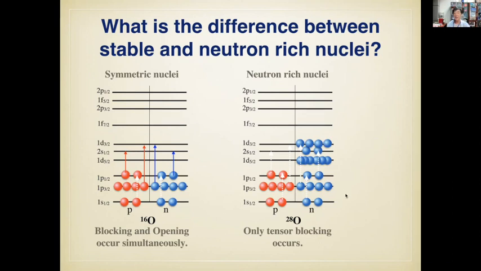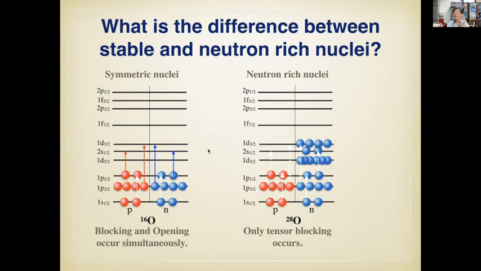So essentially, you have no tensor interaction gain to the binding energy of oxygen-28. You are losing 14 MeV from here, some MeV from this transition, some MeV from this transition.